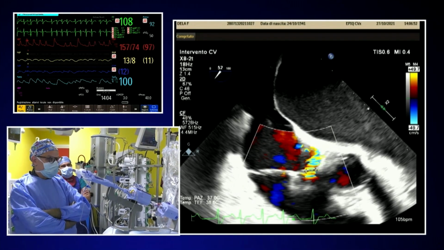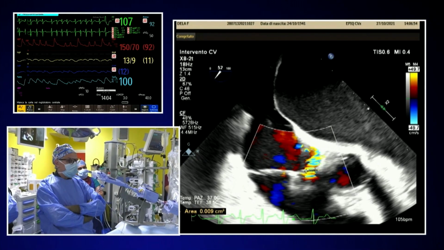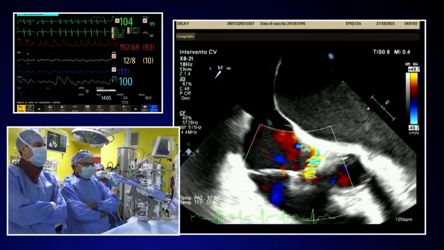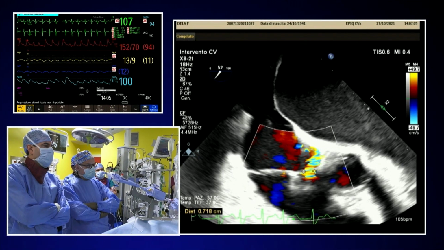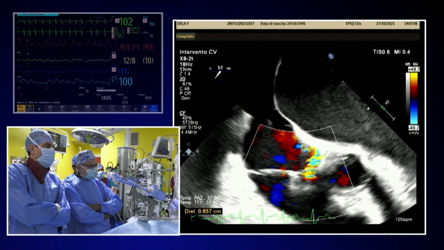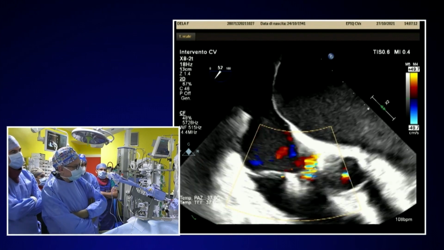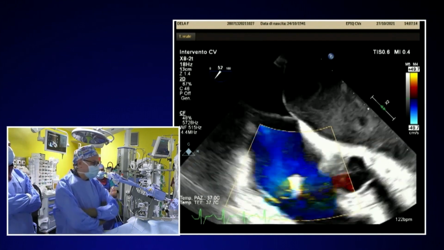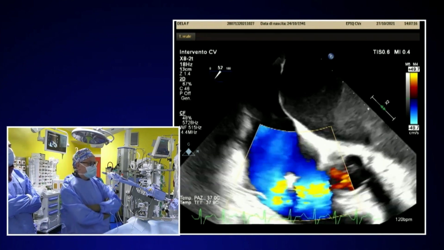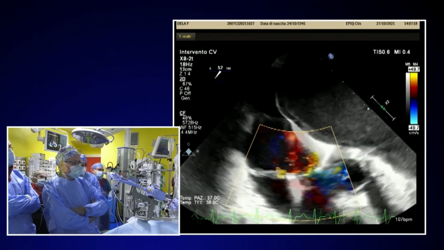Yeah, it's not easy. How much is the vena contracta? 0.6. So it's not insignificant. Obviously, it's a linear jet, so it is probably a bit overestimated.